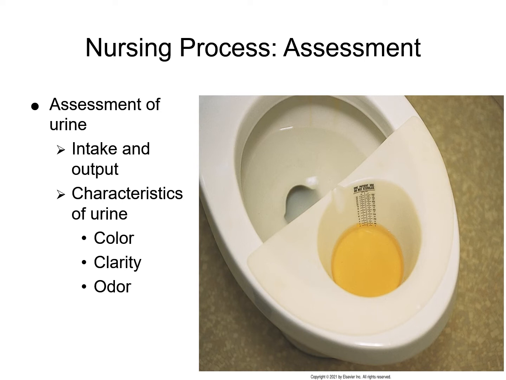The color of urine routinely ranges from pale straw to amber color depending on its concentration. Urine is routinely more concentrated in the morning or with fluid volume deficits.